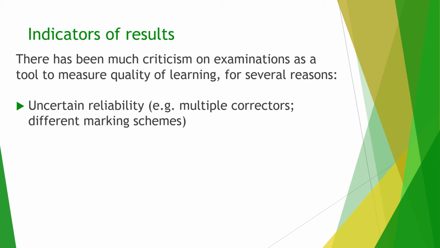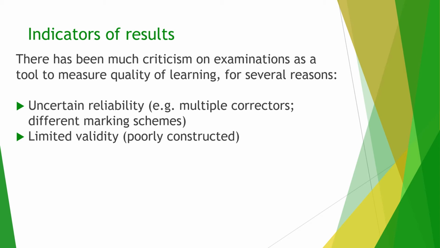So that is one major criticism that has been addressed to examinations, that they are not fully reliable. Secondly, it has also been argued that at times they are simply not very well constructed, and therefore their validity is limited. They do not represent properly the curriculum that you expect students to master.